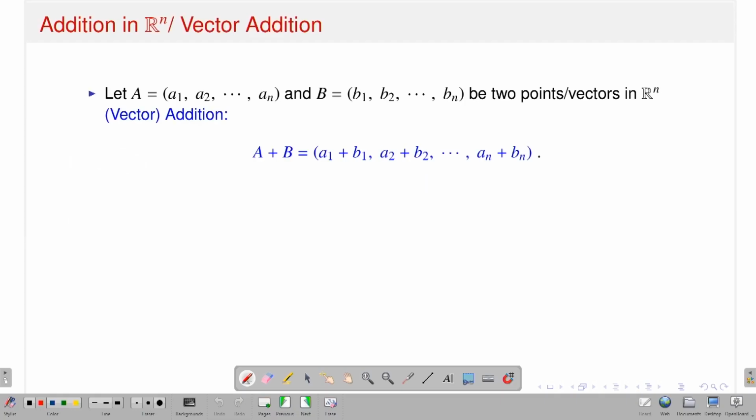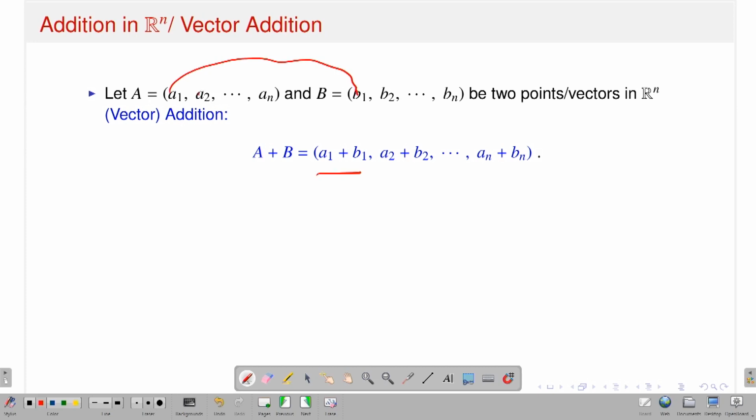On vectors, we will now introduce an algebraic operation, namely the addition operation. It is also called vector addition. Let A = (A1, A2, ..., An) and B = (B1, B2, ..., Bn) be two points or vectors in Rn. Then the addition, that is A plus B, is defined as coordinate-wise addition. We add A1 with B1, that is A1 plus B1.